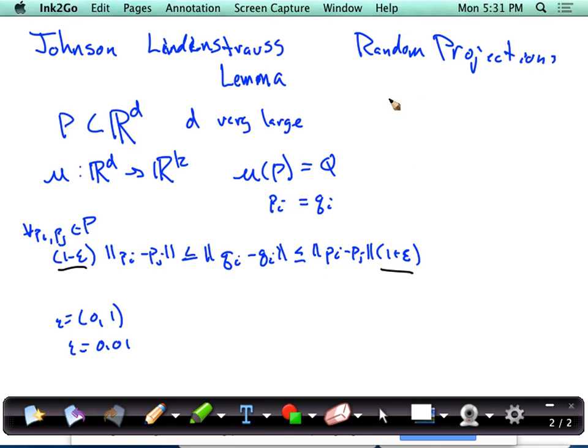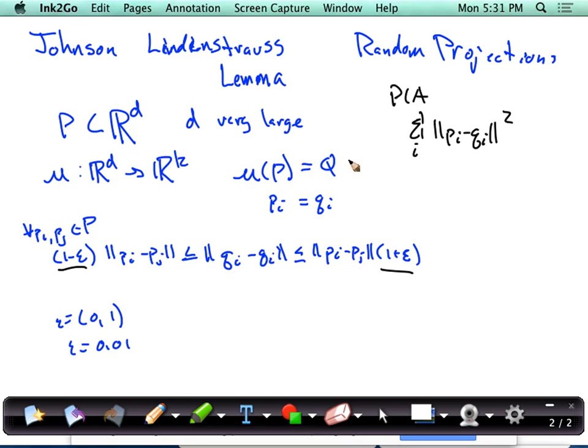So with PCA, we were looking at a quantity like the sum of pi minus qi squared, and we wanted to make this small. So that means the distances are small on average.